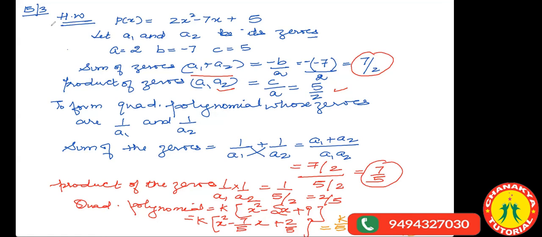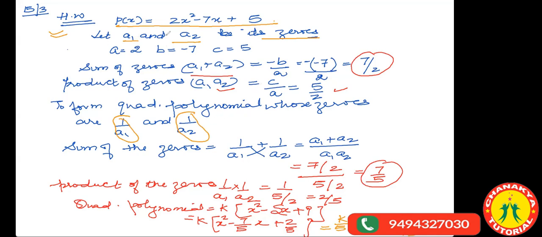Okay. Now see, children, in the homework question we have given: if a1 and a2 are the zeros of the quadratic polynomial 2x square plus 7x plus 5, then find the quadratic polynomial whose zeros are 1 by a1 and 1 by a2. I have written in the question whose zeros are reciprocal. Right?